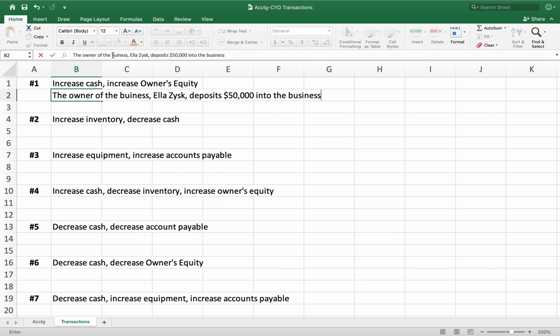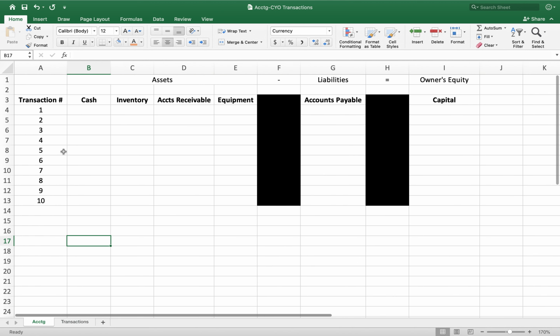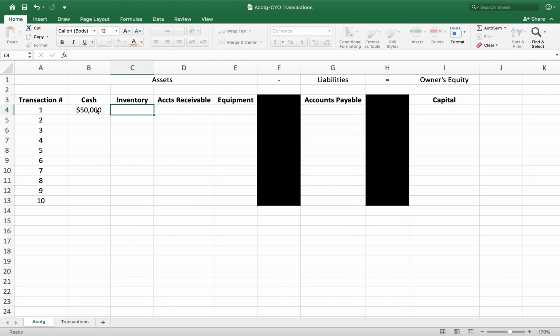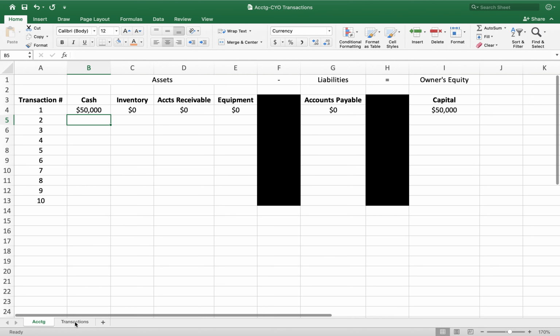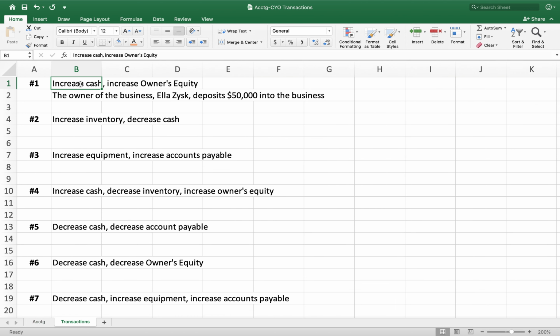I would have to spell business correctly. All right, so Ella puts $50,000 into the business. For the first time, we received cash as the business, and it would affect owner's equity, right? It should be pretty easy to record this side because I have told you what accounts I would like you to affect.